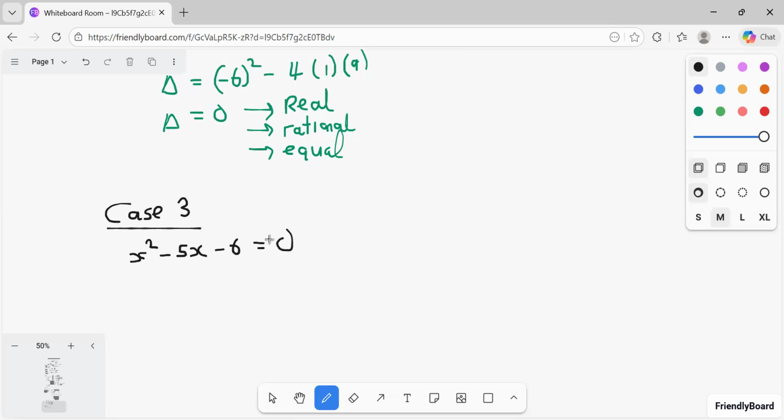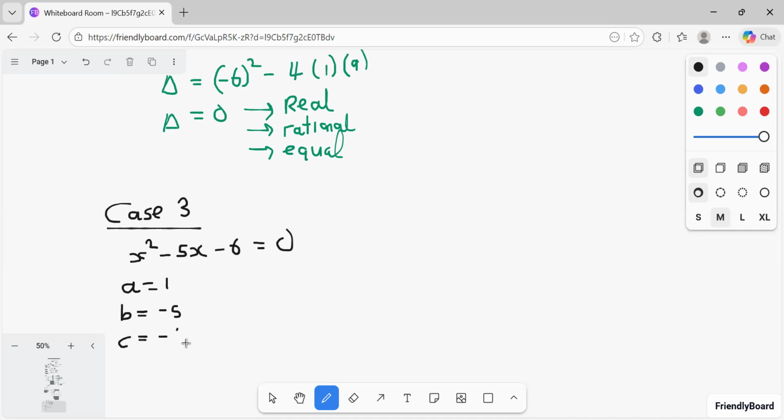All right, so I'm going to find my A, my B, and my C first. So A is a positive 1, B is a negative 5, then C is a negative 6.